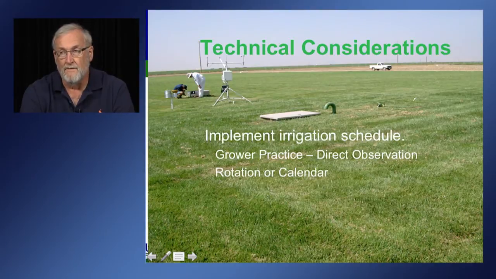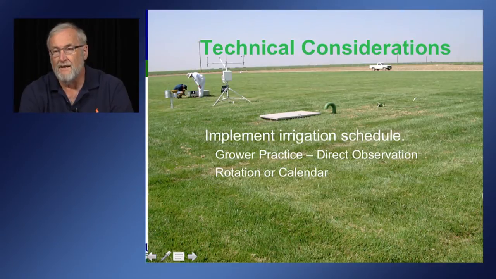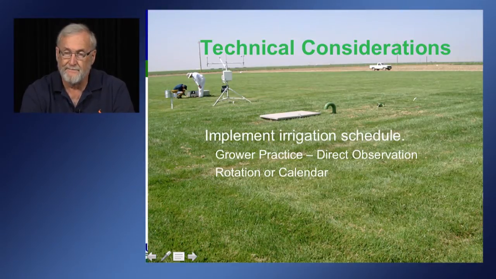Other techniques that are used are called a rotation or a calendar. A rotation is simply, every so many days you're going to irrigate. While that's an easy way to do it, it still doesn't provide you the kind of information you need in terms of how much water to provide. Another variant on that is a calendar.